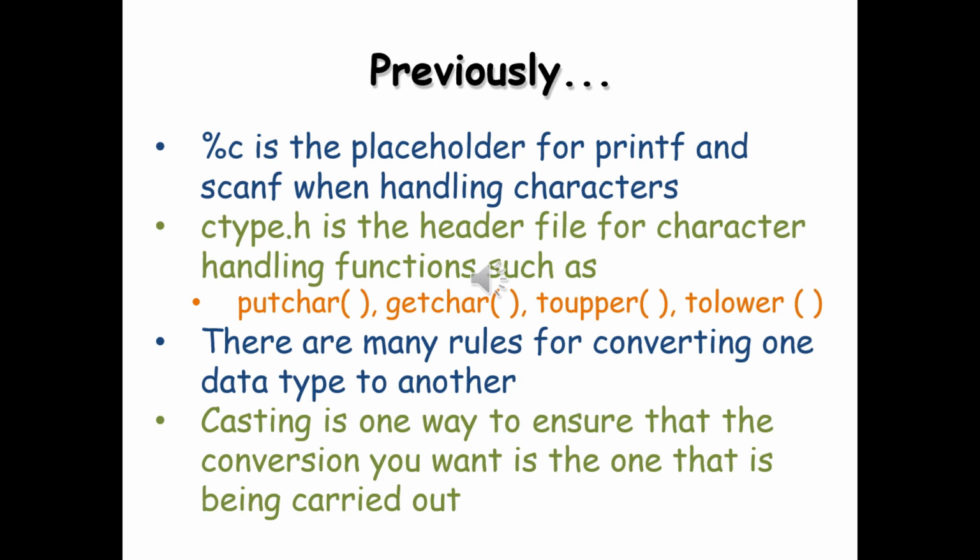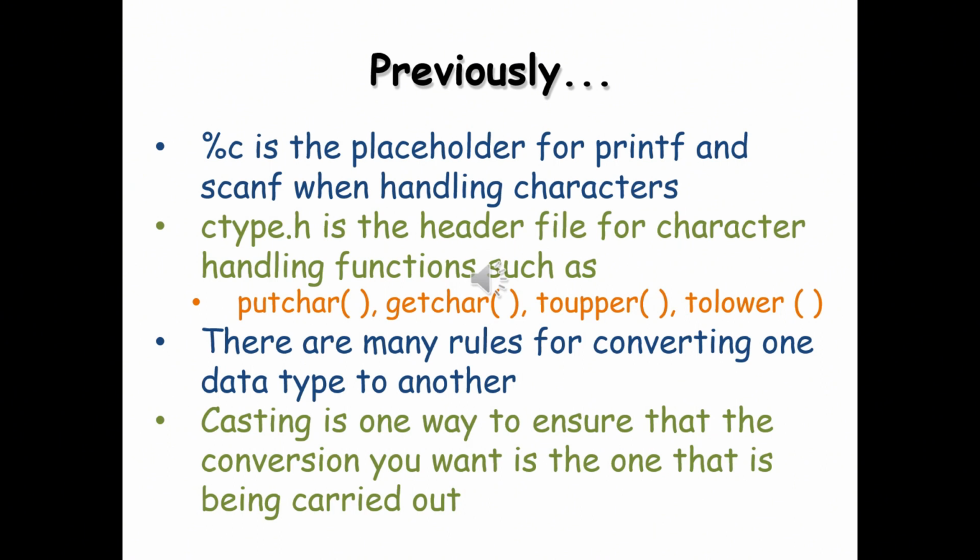Now, when it comes to dealing with different types of data, like converting from one type to another, there are some rules to follow. It's like when you want to convert one currency to another, there are specific steps that you need to take. One way to make sure the conversion happens just the way you want is by using something called casting.